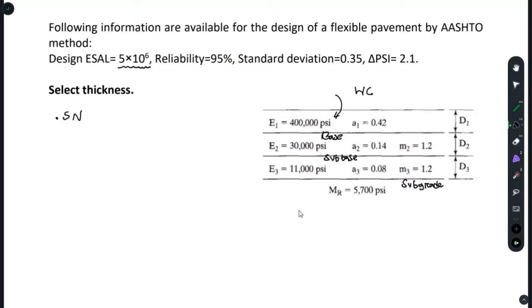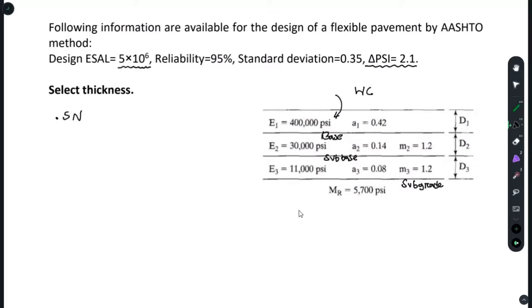It actually says how many repetitions of a standard load, that is 18 kip, and you have reliability, and you have standard deviation. Those two are for the loading, that is ESAL. You have a reliability of 95%, and you have a standard deviation of 0.35. And you have some serviceability parameter, that is 2.1.